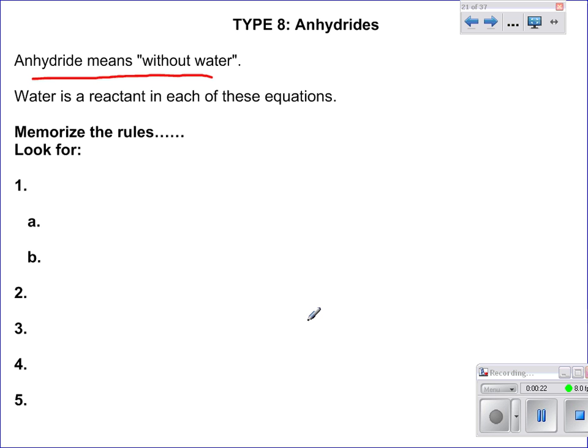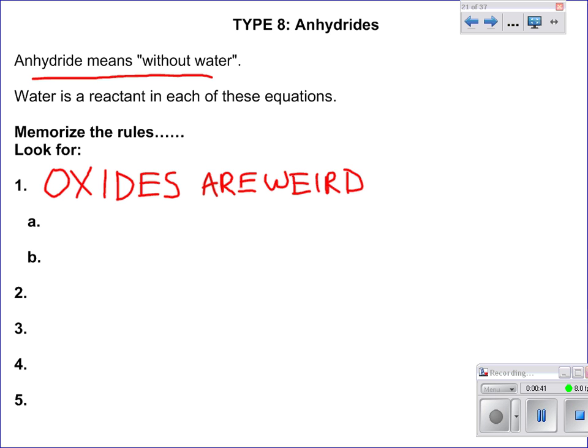These are really, really simple to identify. And water is going to be a reactant in these equations. So a couple of rules, some you are already familiar with. The first is the Demo rule that says oxides are weird. The fancy name for oxides, we haven't really said it, are acidic and basic anhydrides.